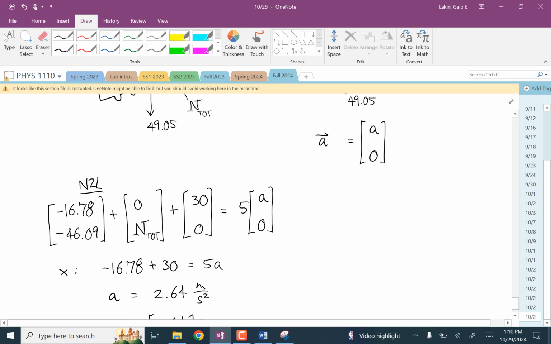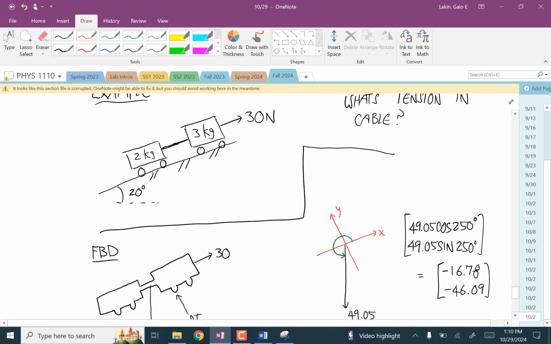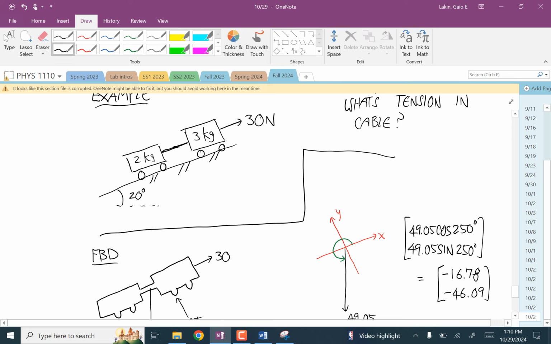Okay, so the next step is, now that we have the acceleration vector, we're going to isolate one of those two carts. Which one of these two carts do you want to isolate? No matter which you choose, it's perfectly fine. You'll get the same answer either way. I guess there's a little less going on with the 2, so maybe the 2.